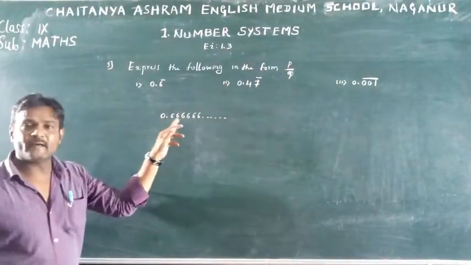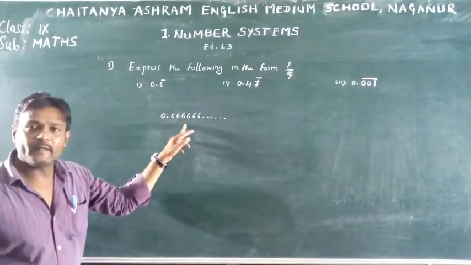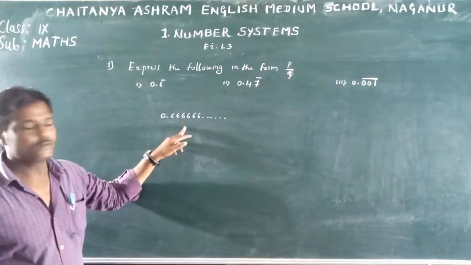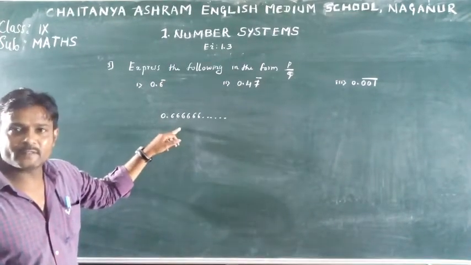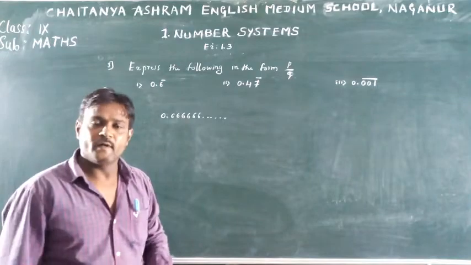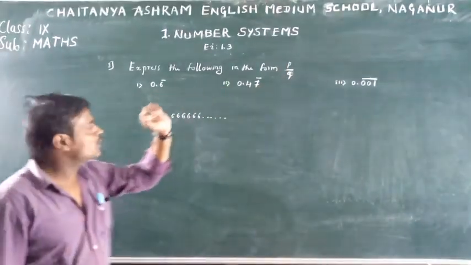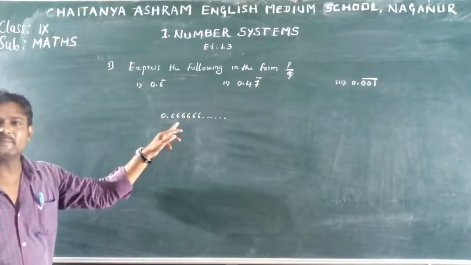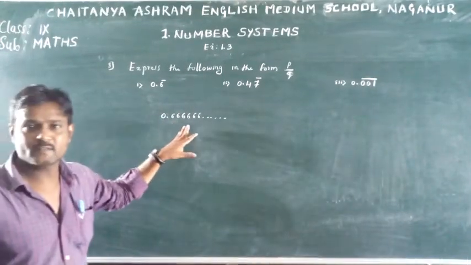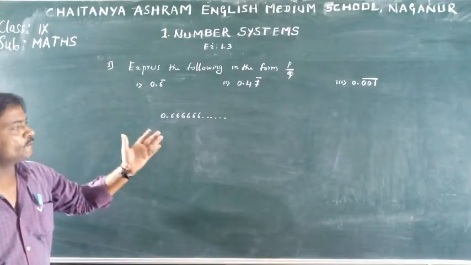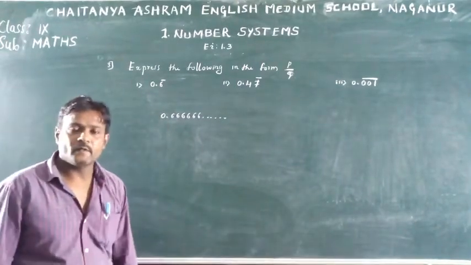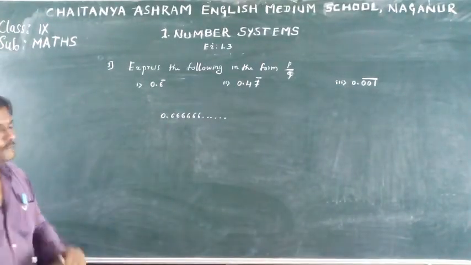This is a non-terminating recurring decimal expansion, so this always corresponds to a rational number, that is, a number in the form of p by q. Which rational number does this decimal expansion correspond to? We don't know. So it has a procedure. Just observe that procedure.